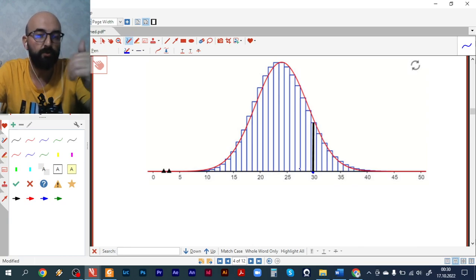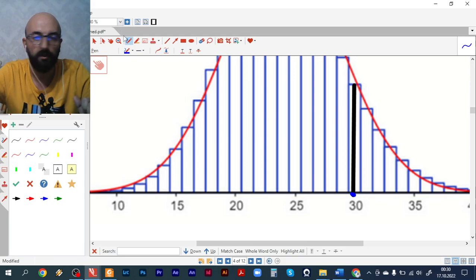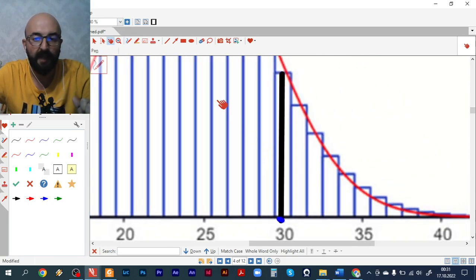So we need to make continuity correction, and you want to find the probability of x exactly 30, so you should make the data continuous. Take the middle point of the rectangle, and between this point and this point: this point means 29.5, this point means 30.5.